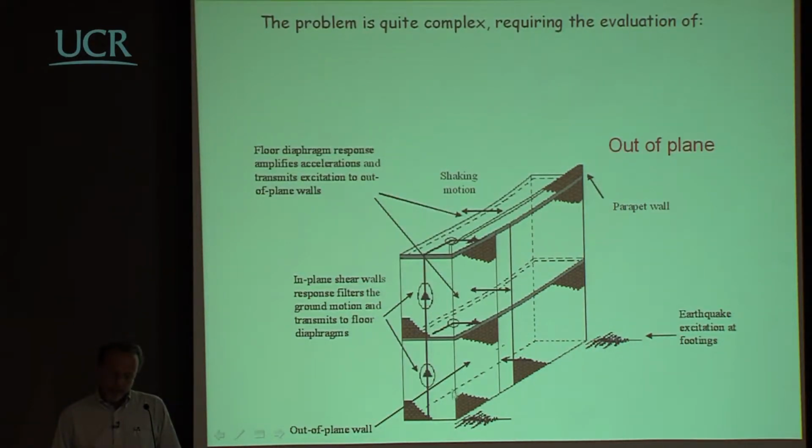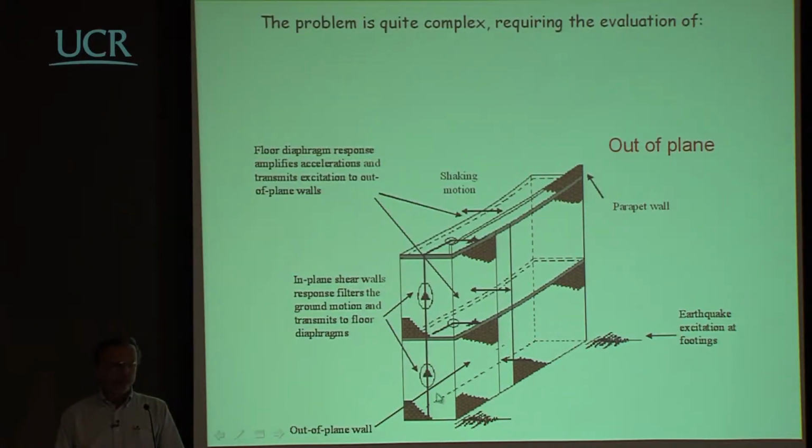This seismic action will be taken by the walls that have the strong direction in the direction of the excitation. So this wall and the other walls will act as a filter, so that at this level the acceleration will be the acceleration at the ground floor filtered by the walls.